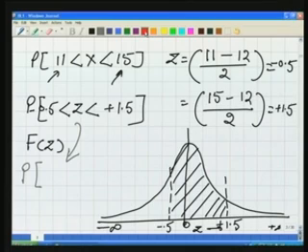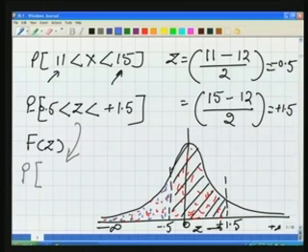The total area, if I mark by red dots, that's the total area, minus the area here, which I mark by green dots.